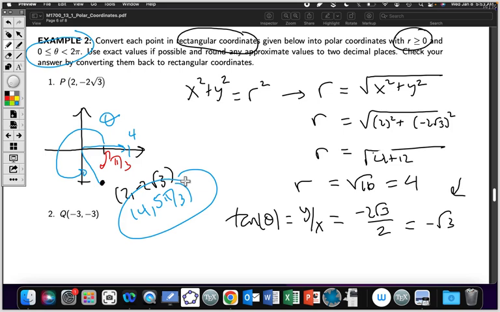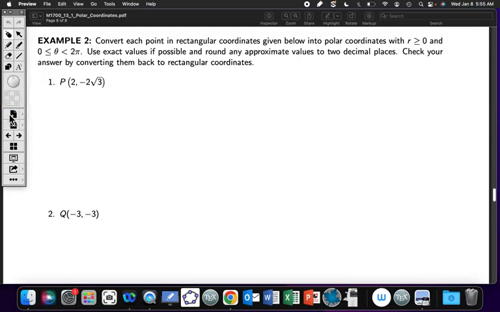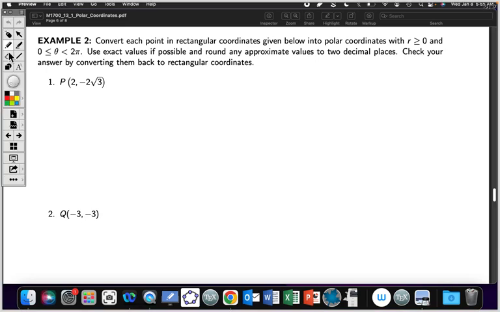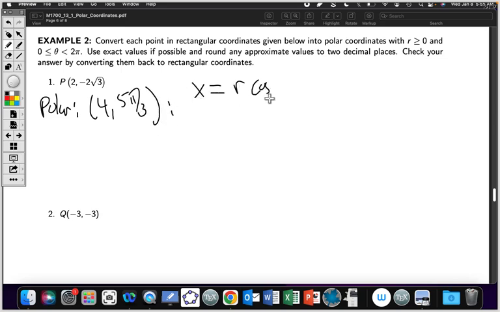Now, if I want to check this, I can convert back to rectangular. So in polar, we had 4 comma 5 pi over 3. And this is how we can go back. x is r cosine theta.